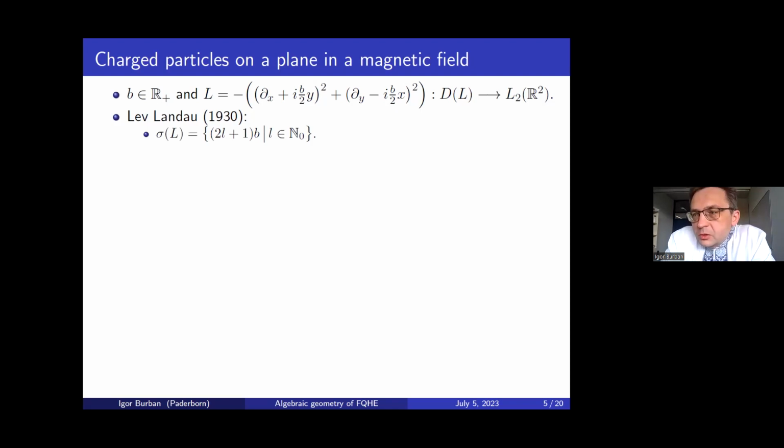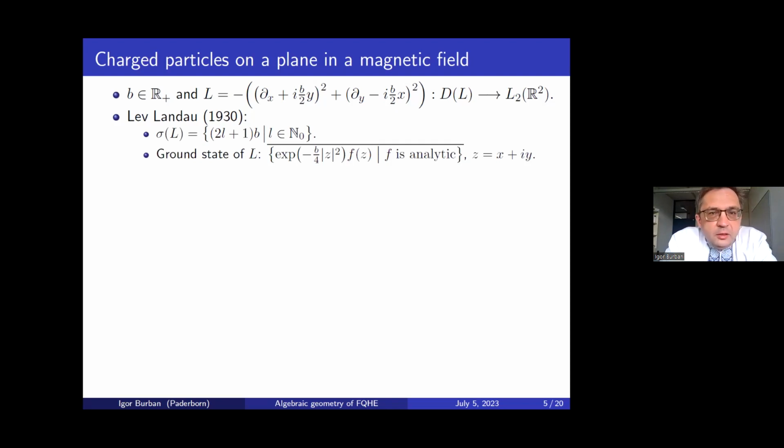So it is not so in dimension 3, and it is not so if our magnetic field is 0. So if B is 0, then we have a continuous spectrum, but in the presence of a magnetic field, the spectrum is discrete.